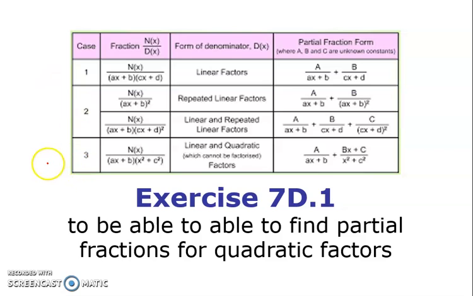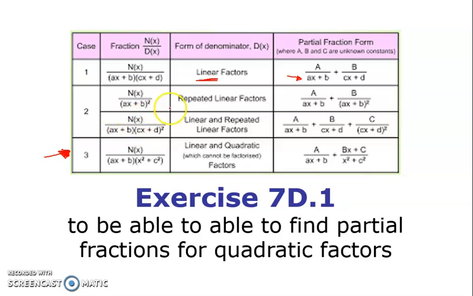This you've seen before, but you'll notice I've included this third row. So when I say you've seen this before, in normal maths, when we did partial fractions, we looked at the fact that sometimes you get linear factors, and in those examples you go a over ax plus b, c over cx plus d, a number over each of the factors.